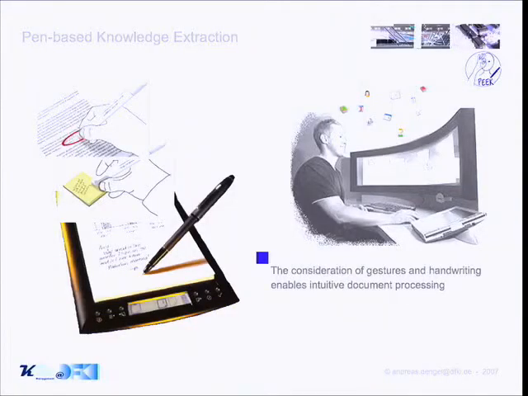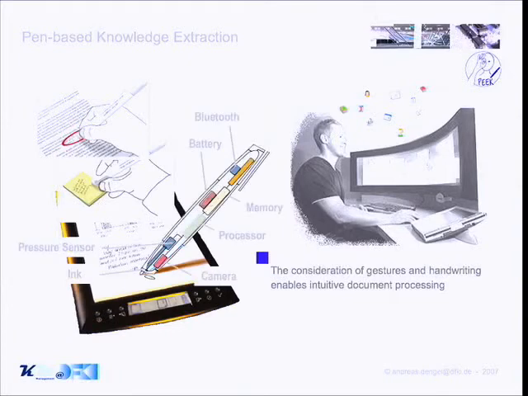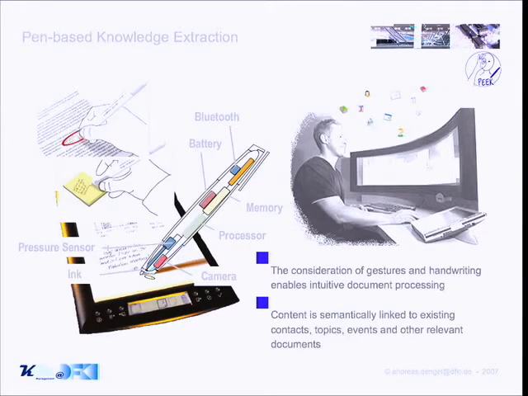Another way to do it, as we see it, is to use pen and e-paper. We just started a new project using the Anoto pen, which is equipped with not only ink but a pressure sensor, so we can really do online recognition of handwriting and gestures, but we also tend towards a kind of semantic gesture making on the document.